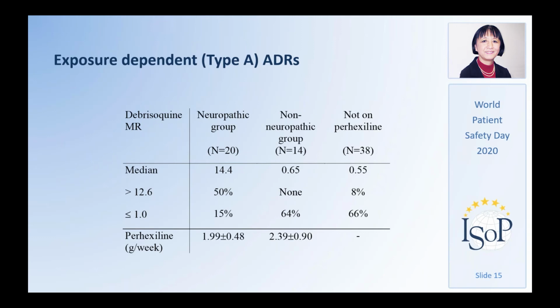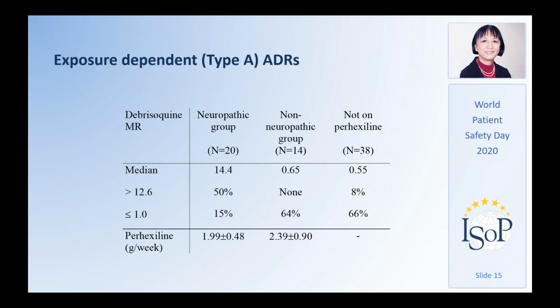What you see is the median debrisoquine metabolic ratio was very high in patients with adverse drug reactions, 14.4. And in patients without adverse drug reactions, the metabolic ratio was at the same level as in the general population. And what is very interesting is that if you look at the dose of perhexiline, in grams per week, it's even lower compared with the patient group without adverse drug reactions.